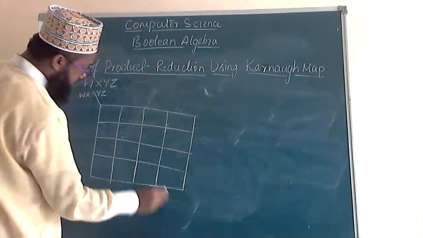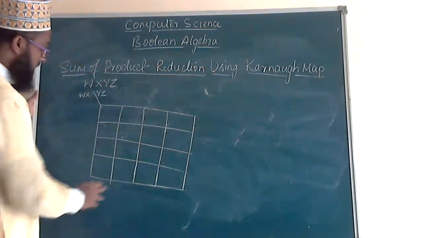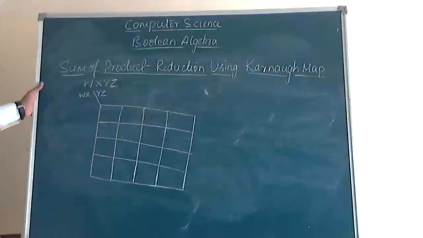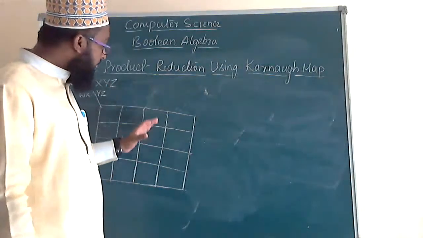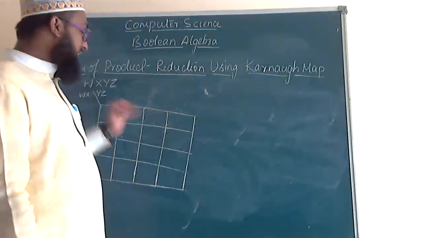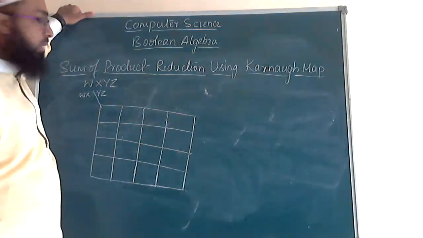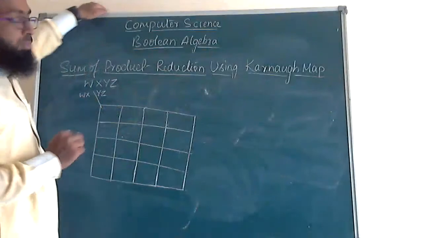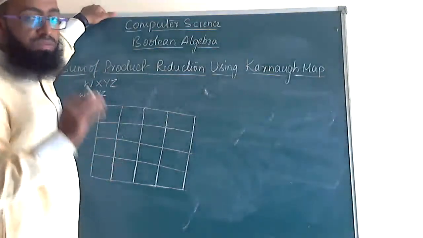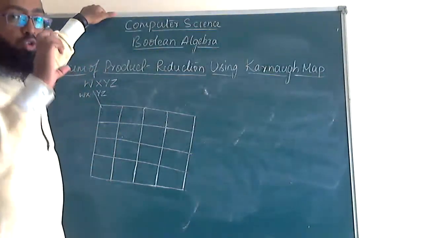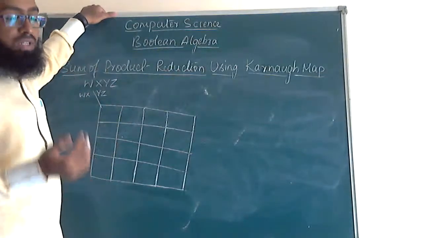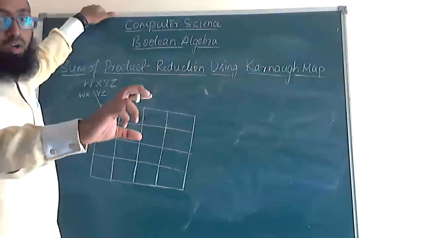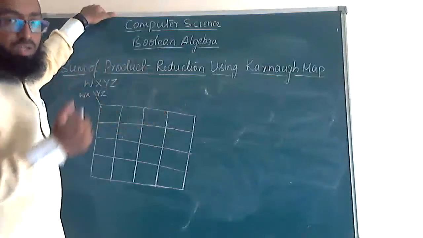How can we give numbers for the 16 squares Karnaugh map, that is the 4 variable Karnaugh map? We have learned how to give numbers in the 2 variable Karnaugh map, and in the 3 variable Karnaugh map, that is the 8 squares Karnaugh map.